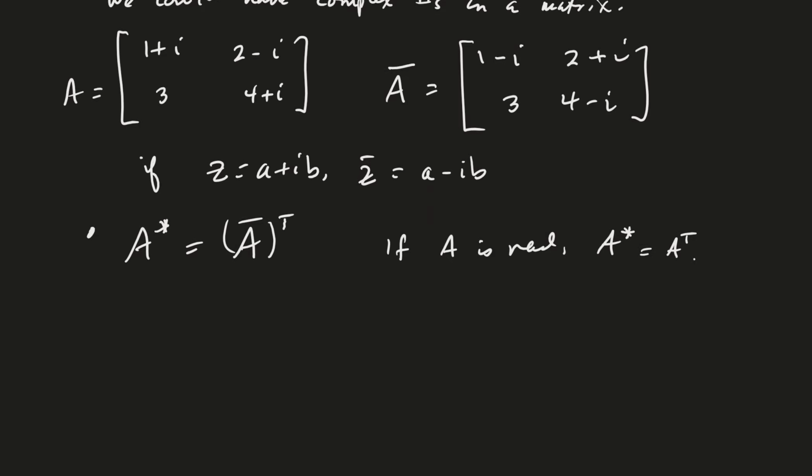Now we have the transpose, the complex conjugate, and the conjugate transpose. Some other properties: what makes two matrices equal? When is matrix A equal to matrix B? That's going to be true if and only if a_ij equals b_ij for all i and j. And what is the zero matrix?